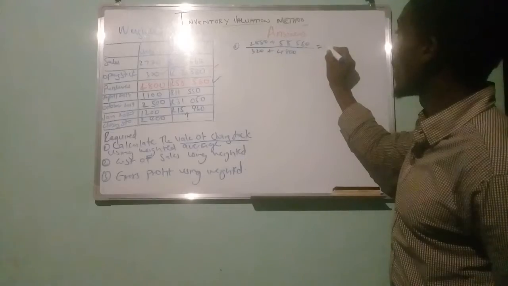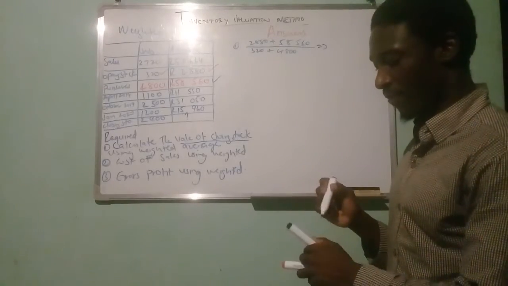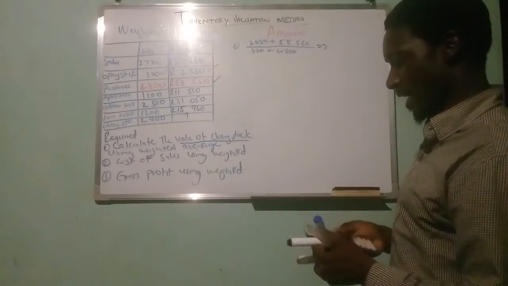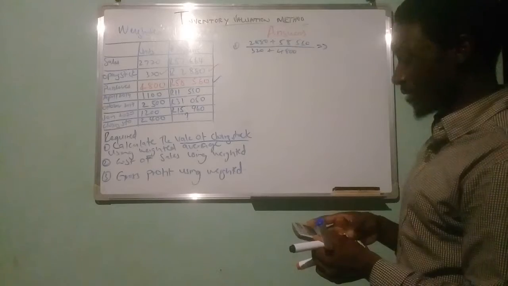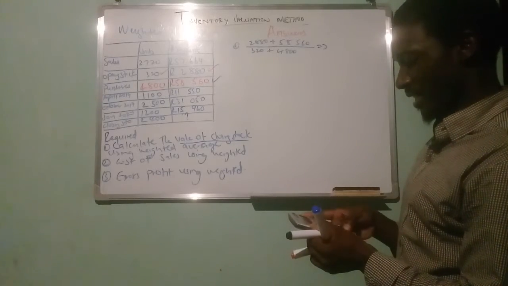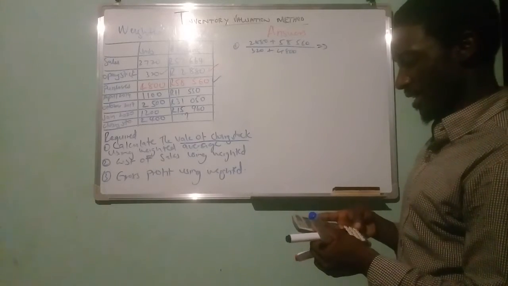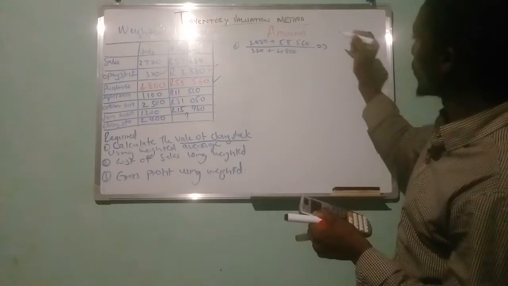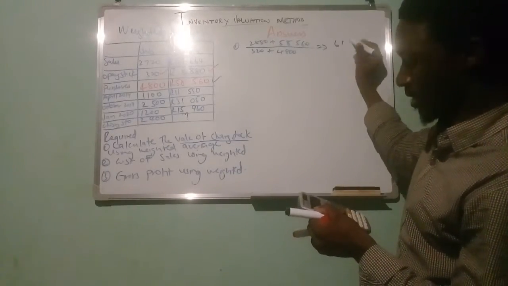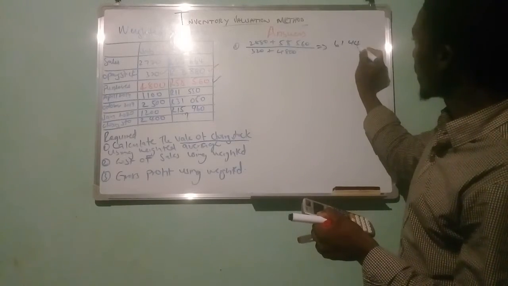We get the numerator, which is our figure: 2,880 plus 58,560. All this amounted to 61,440.